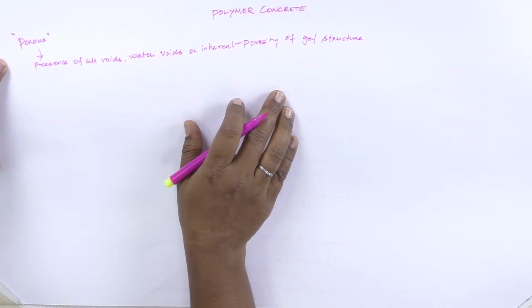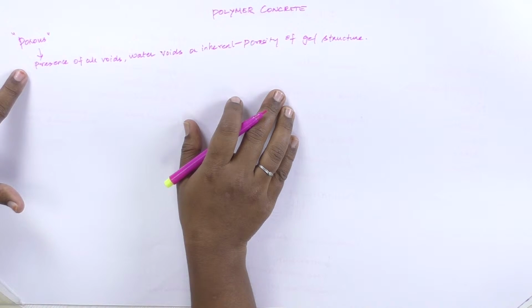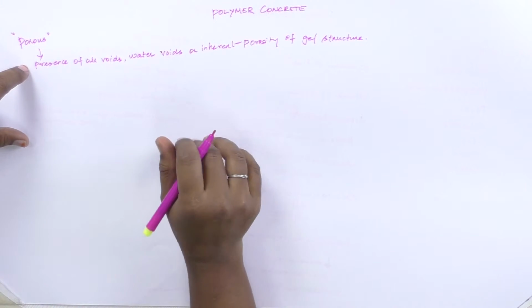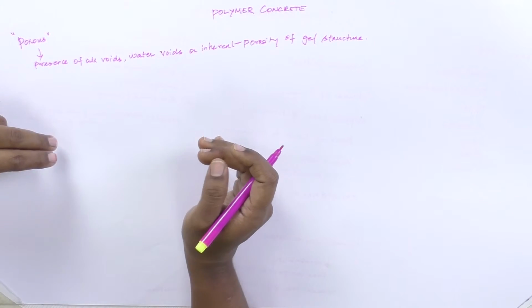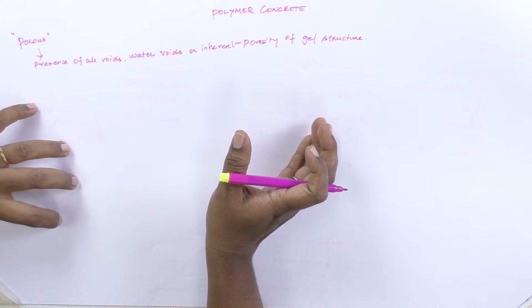And polymer concrete mainly evolved to reduce this porosity, that is by combining concrete and polymer.